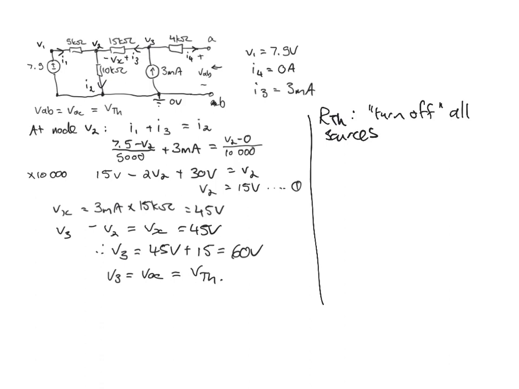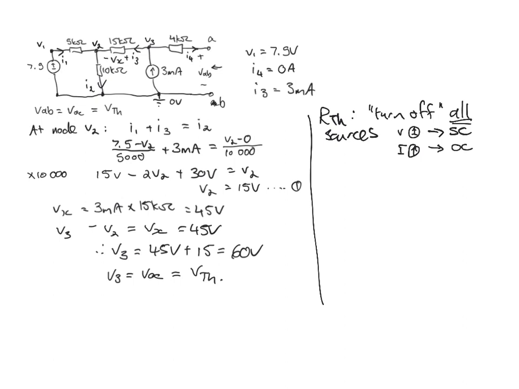So voltage sources we replace by a short circuit, and current sources we turn the current to 0, so that is equivalent to replacing the current source with an open circuit. And we're going to do that in this circuit. So to find R Thevenin, you turn off all the sources, and then you use resistors in series and resistors in parallel to find the equivalent resistor.